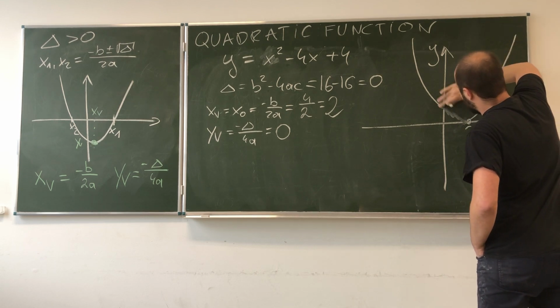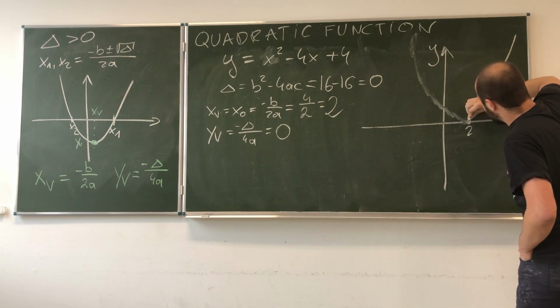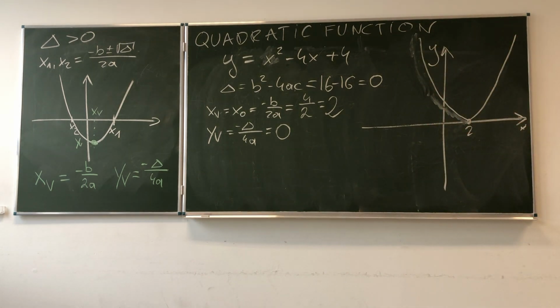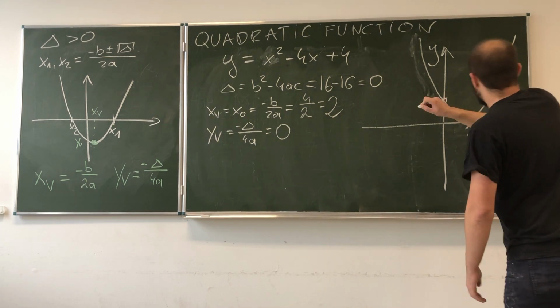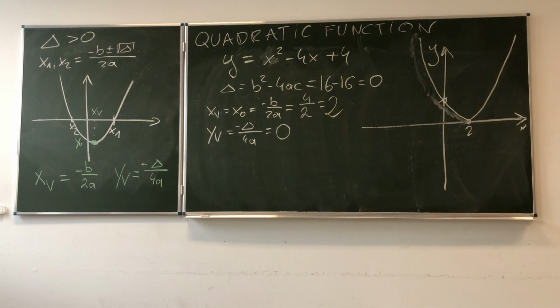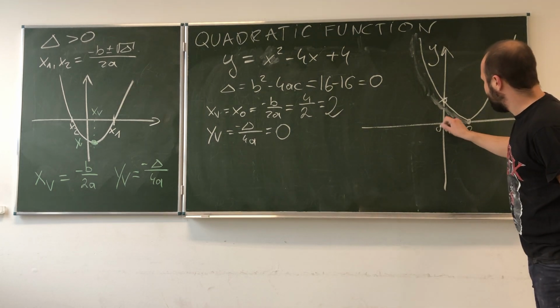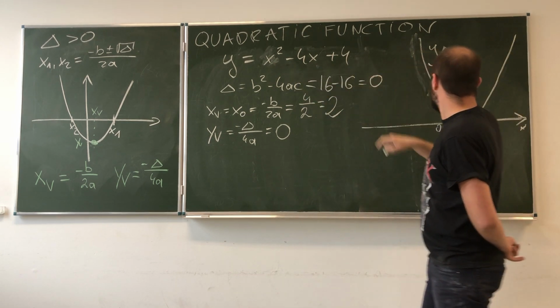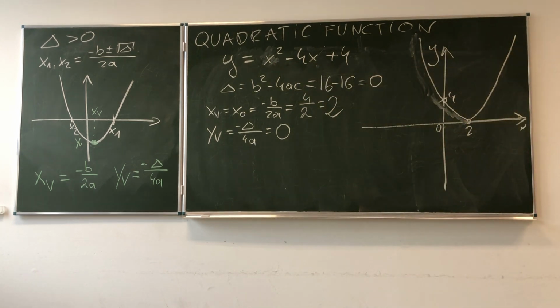Okay, to make it more realistic, I'm going to do it like this. And we're almost done. There is one more interesting point we would like to have. This one. How much is y here? Well, it's really easy to calculate. At this point, x is equal to 0, so the x terms are 0. We are just left with 4.